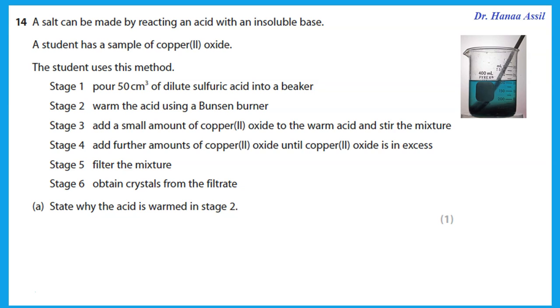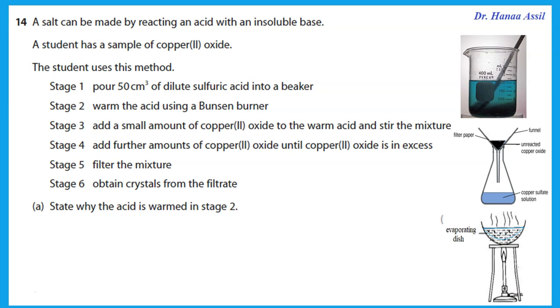Add further amounts until the copper oxide is in excess. Then filter the mixture and then obtain crystals from the filtrate. So this is basically how we prepare a soluble salt starting with something that's insoluble. So this is the neutralization method.